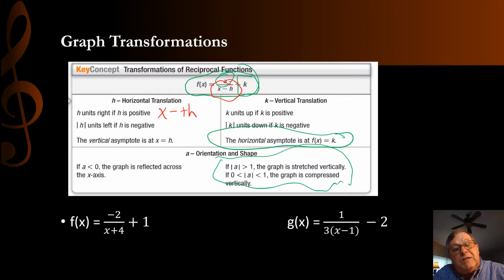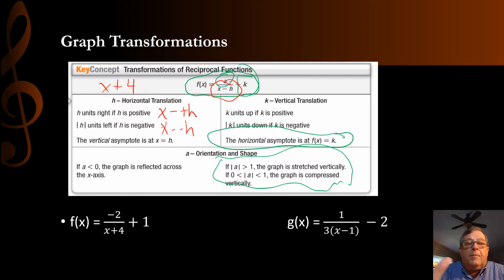But if you were just to see, as we see right here, x plus 4 down here in this first example, then that's actually going to move it to the left. But h is actually negative here, because in reality that is x minus negative 4.